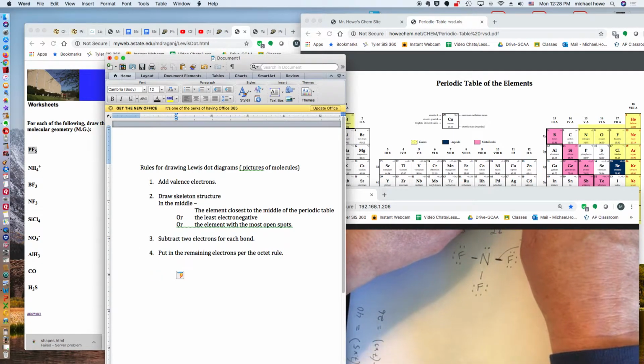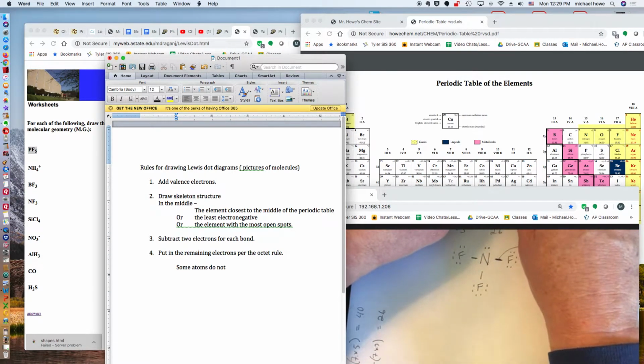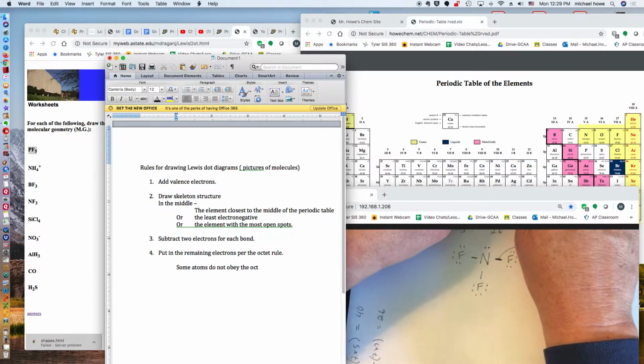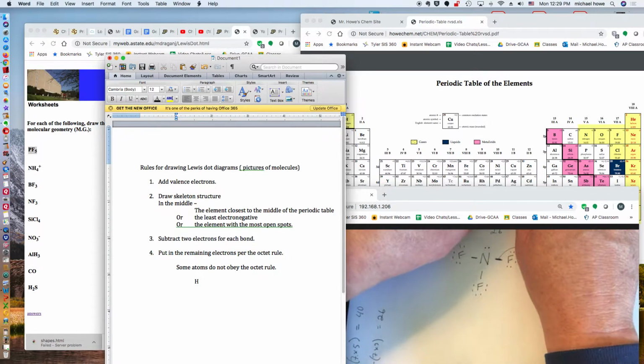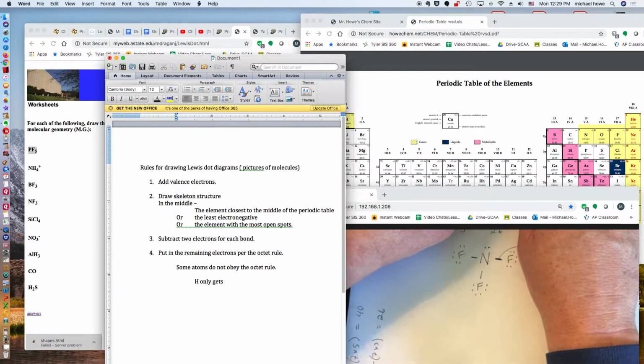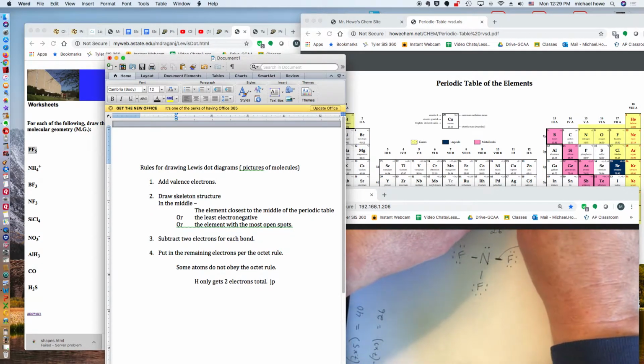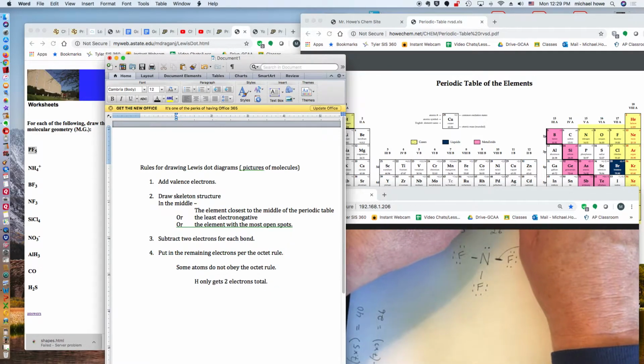Okay, now here's a couple of notes. Some atoms do not obey the octet rule. They are: hydrogen only gets 2 electrons total, period. You can never have more than 2.